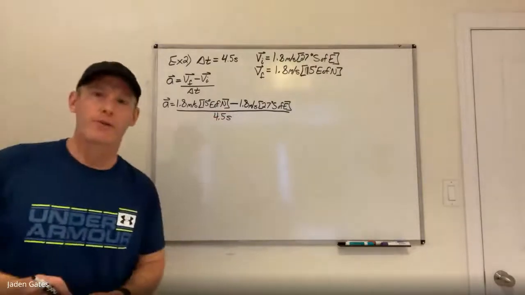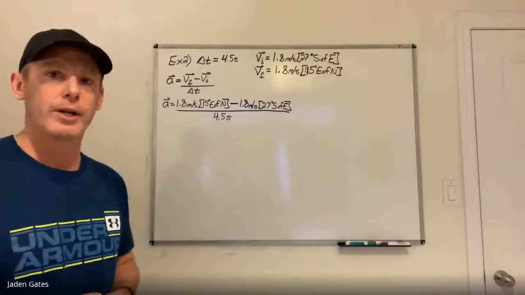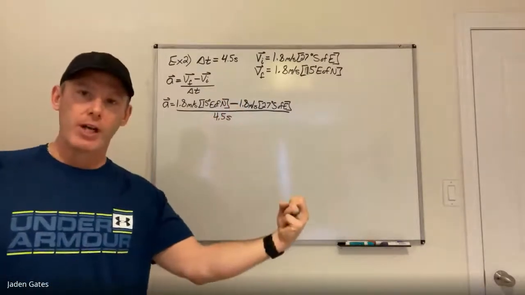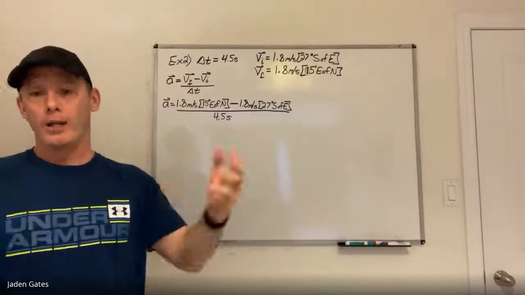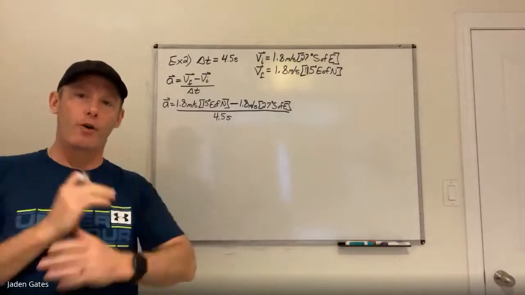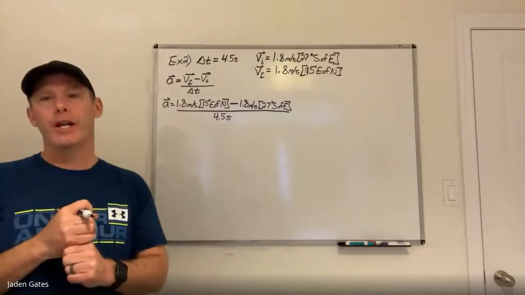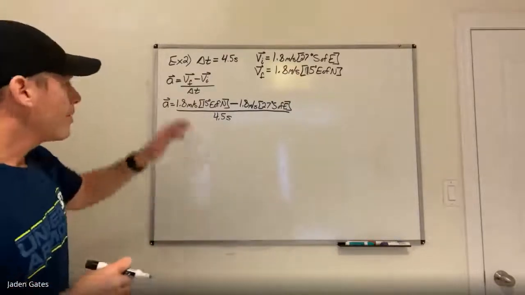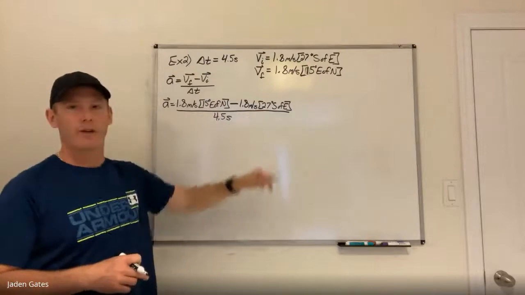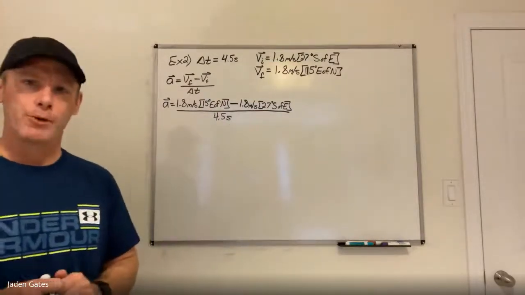Now, here's how things are different than what we did before. We've added vectors by dismantling the horizontal components of each, putting them together, doing the vertical components, putting them together so that we have the horizontal and vertical components of our resultant, and then finding the resultant. That was adding vectors, but here I have a vector subtracting a vector. So there's a little adjustment you have to make here, and we do this with numbers.